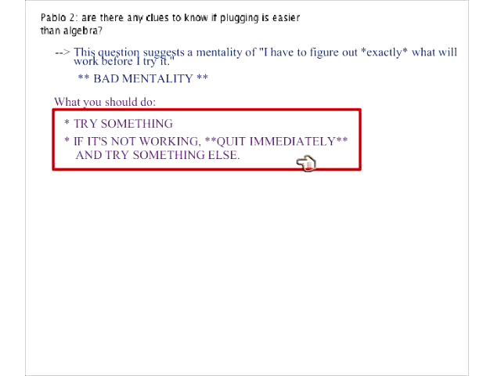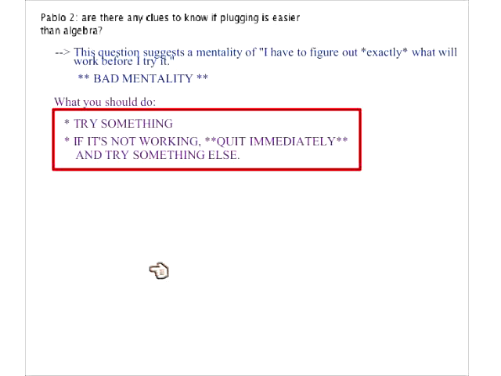And if it's not working, let's adjust. So they've created a test that basically mimics that kind of mentality, and that's the reason why they have done that. So you shouldn't really be obsessed with looking for clues. You should just do things, and then if the things you are doing are not working, then you just do something else. Okay.